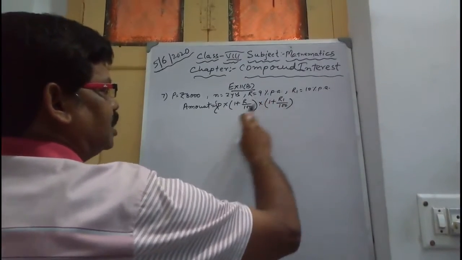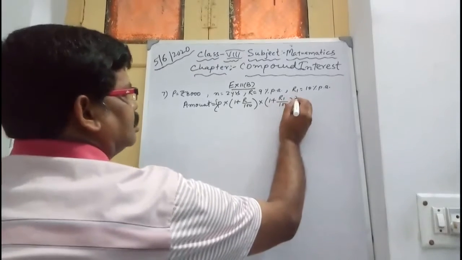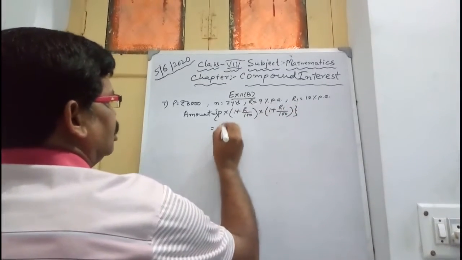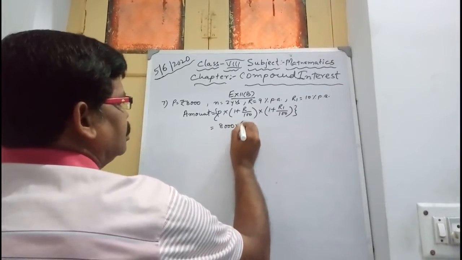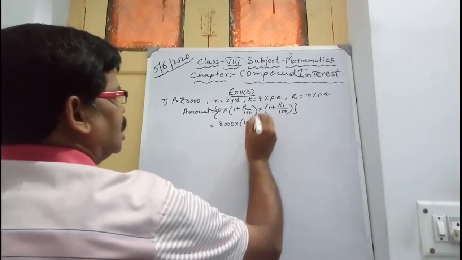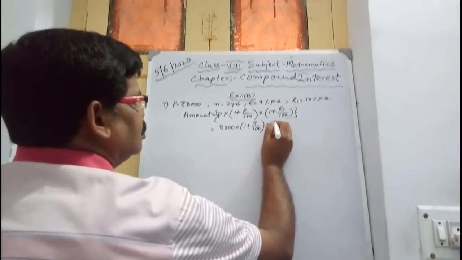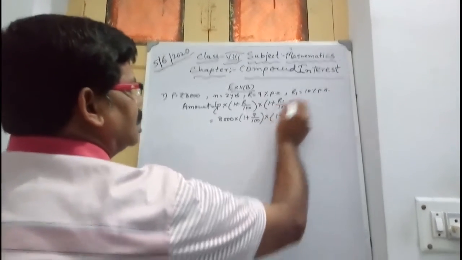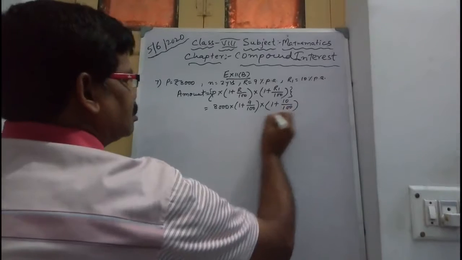As two different rates of interest are given, that's why it is written this way. So P is 8,000 into 1 plus R is 9 by 100 into 1 plus R1 is here 10, so 10 by 100.